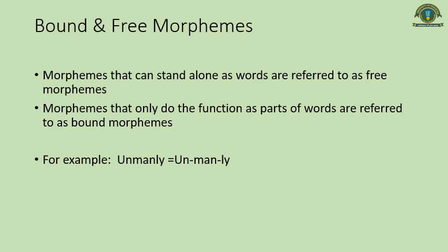Now this is the example, but if we put ly at the end of man, you have unmanly. So man is free and un and ly are bound. Why? Because they have to be attached to a word or a morpheme.